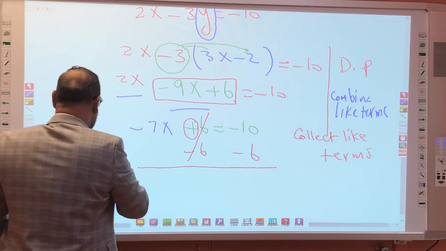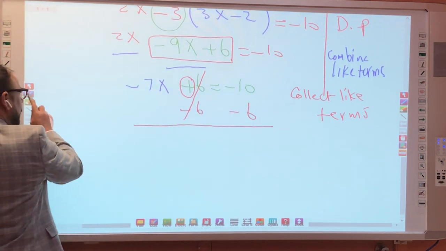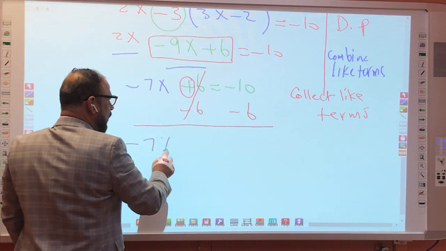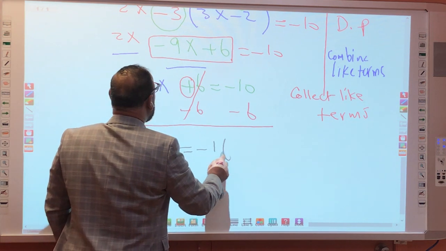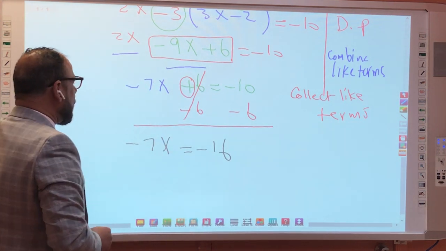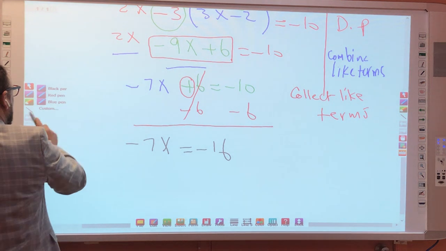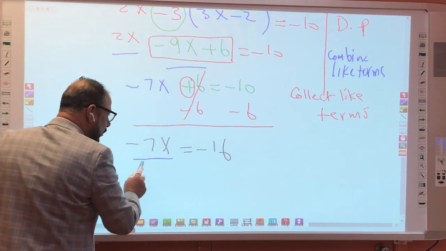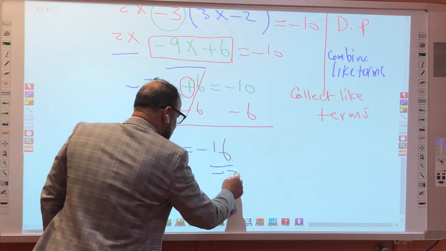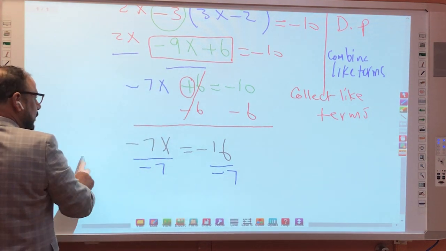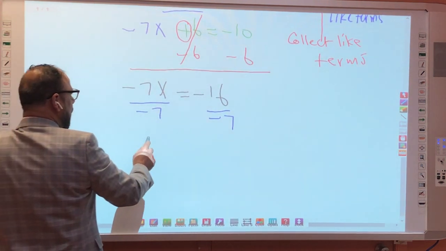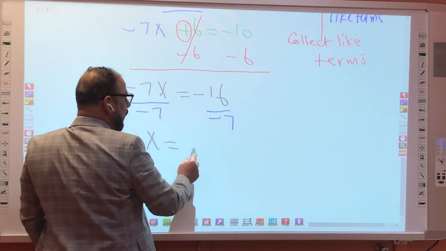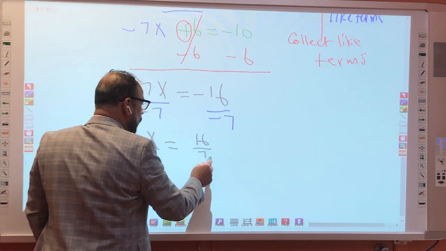Then what we have now is -7x equals -16. Now the last step is to find x. To find x, we have to divide both sides by -7, which is x equals negative over negative, positive 16 over 7. Then we found x.